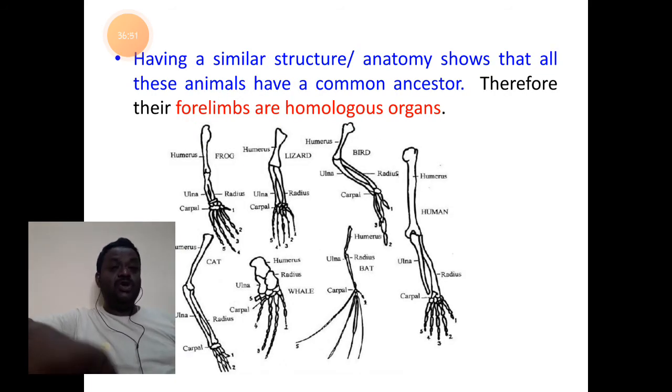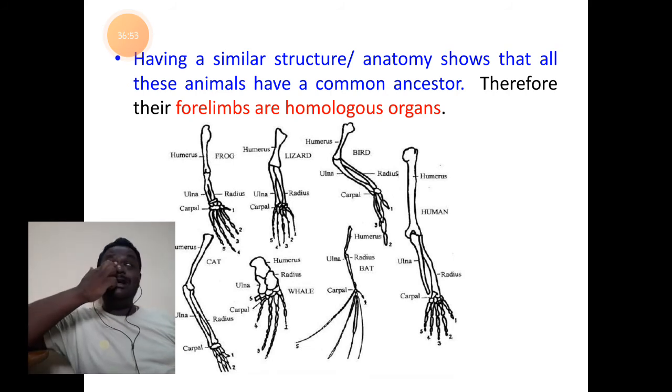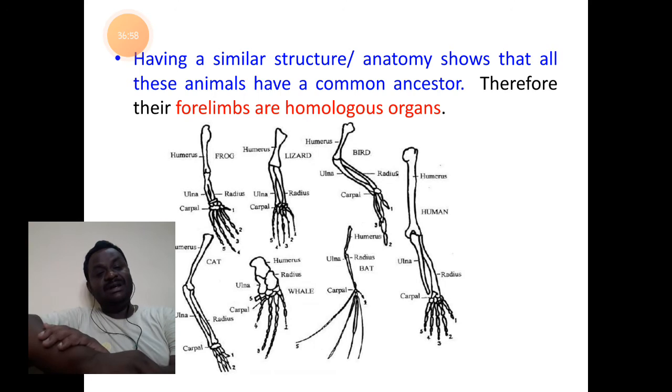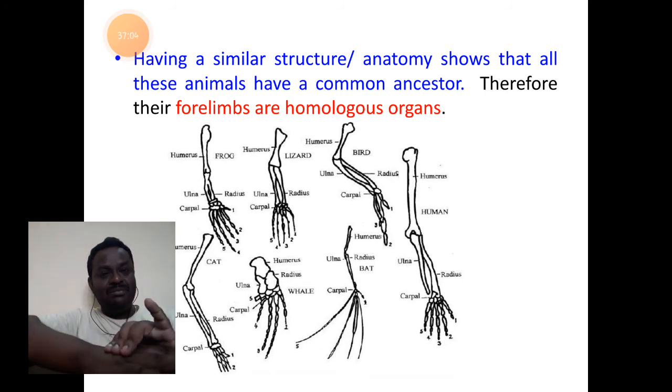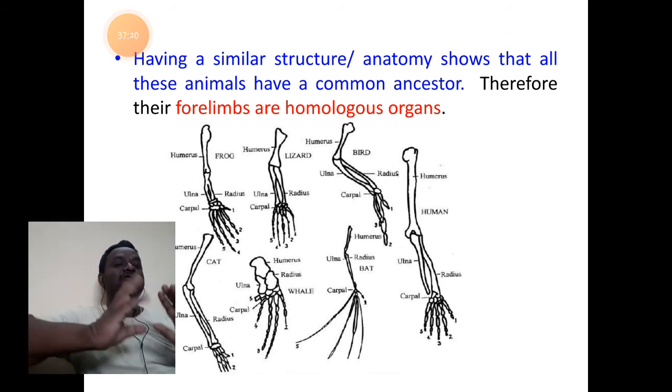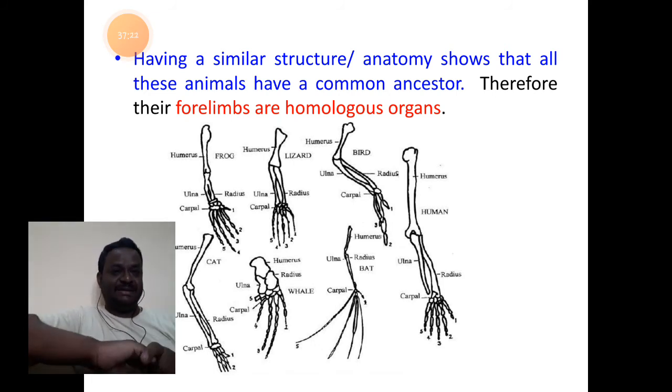How? It shows a single bone, the humerus, in the upper arm, two bones in the lower arm, then the manus containing the wrist showing carpals, then the palm showing the metacarpals, and the digits showing the phalanges. So this arrangement remains common. The reason is that this similar anatomy shows that they all originated from a common ancestor.